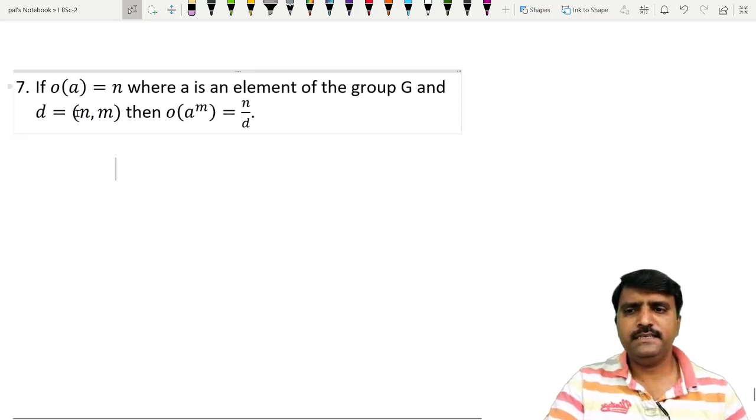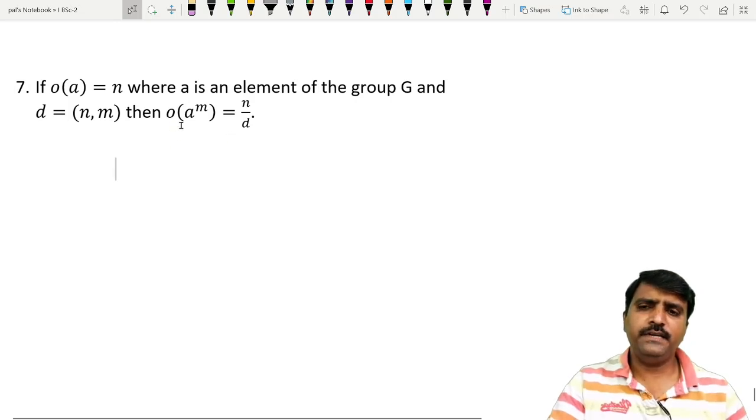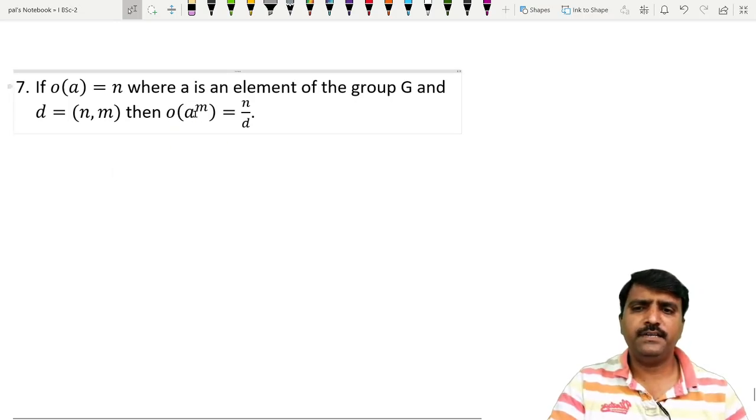If you write d is equal to GCD of n and m, that is the greatest common divisor of n and m is d. So our intention is to show that the order of a to the power of m is n by d.